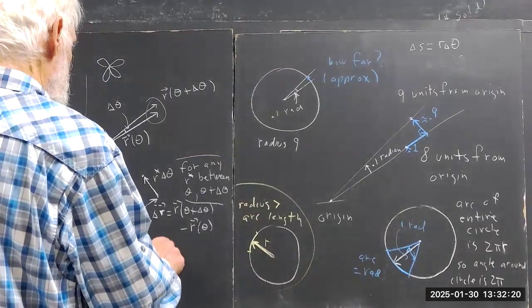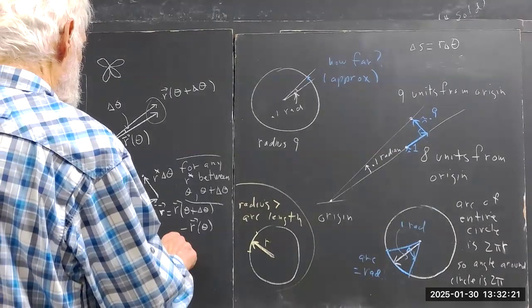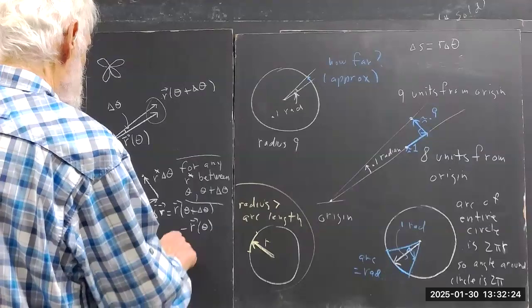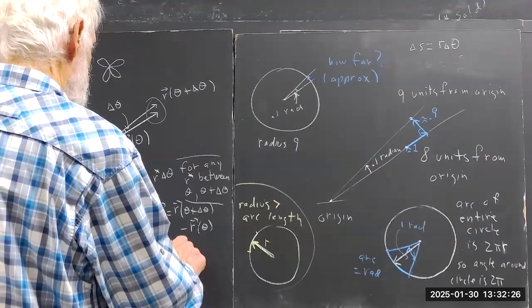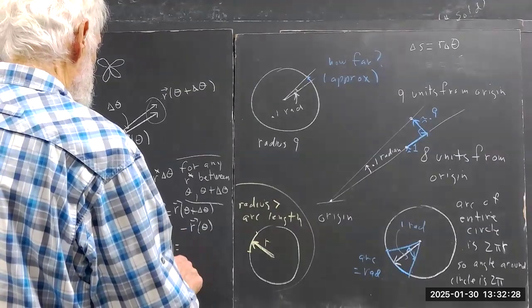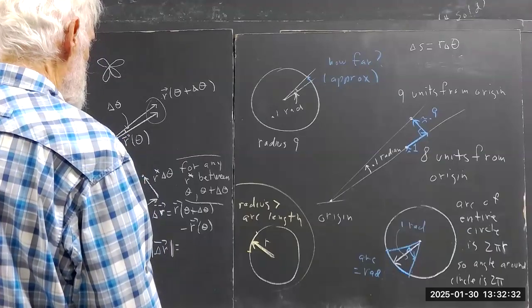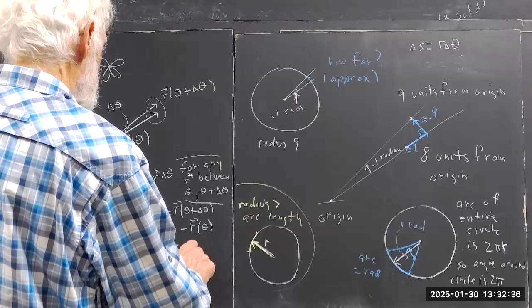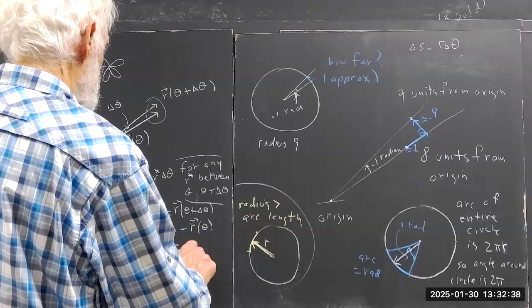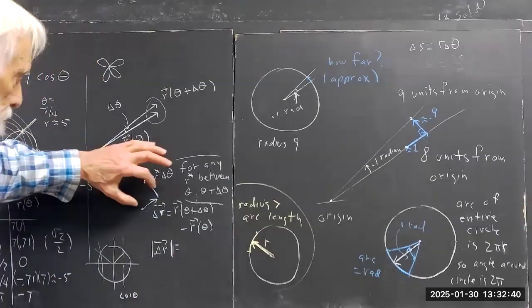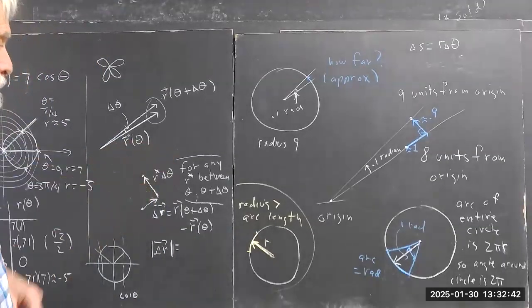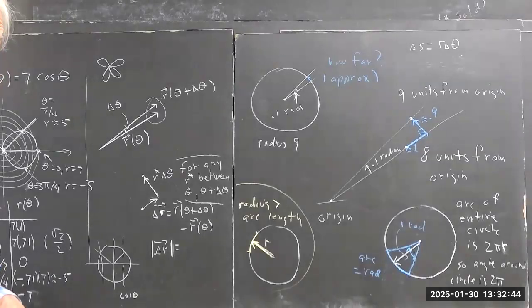And the magnitude of delta R is then this distance plus this distance, right?